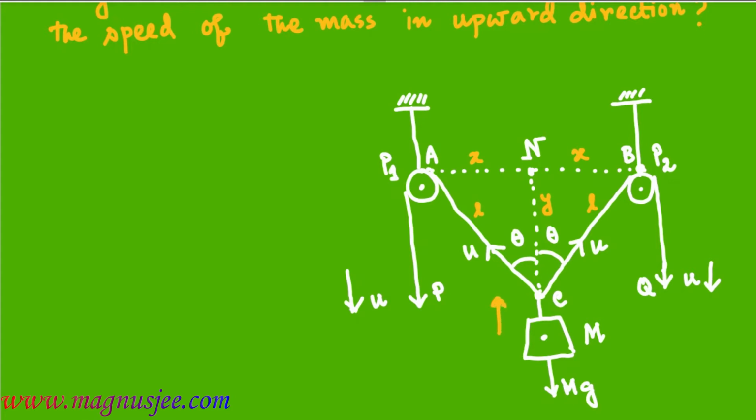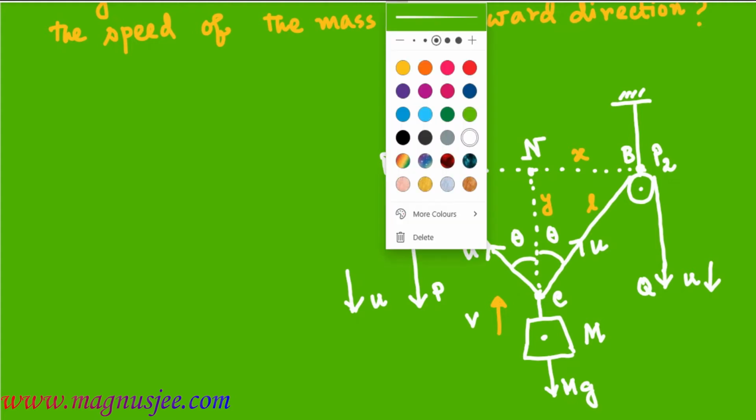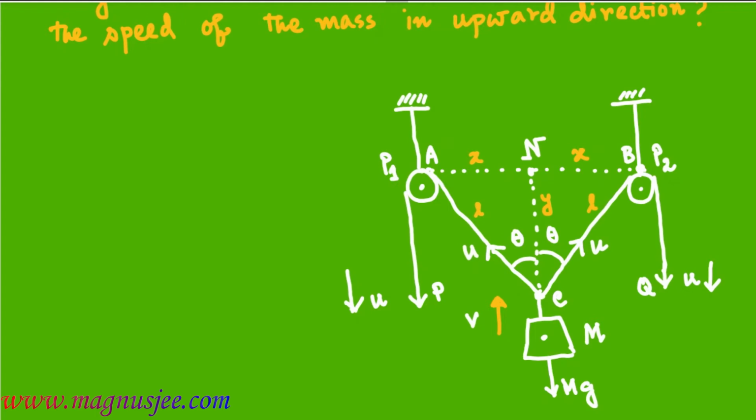In this case, if two free ends are pulled downwards with a velocity u, the mass M will be moving upwards with a velocity v. V is the upward velocity of the mass M.